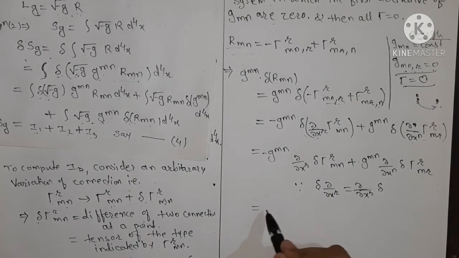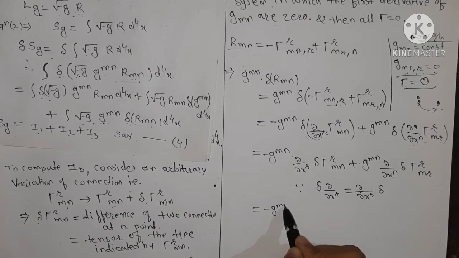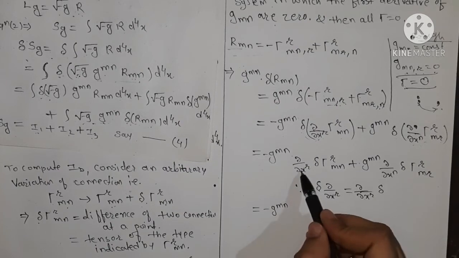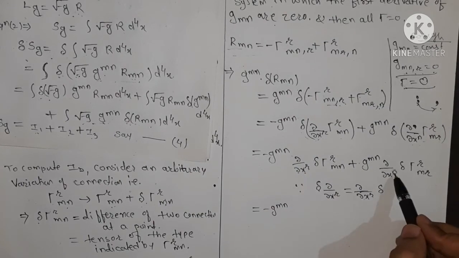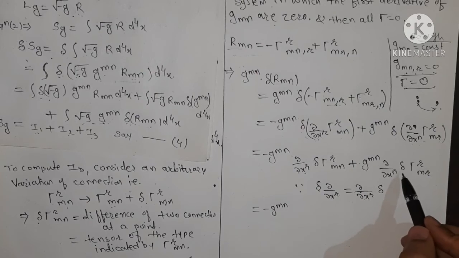So which is equal to minus g^{mn}. Now here we require to take the common ∂/∂x^r, so we require this n to be equal to r. So we change n to r in the second term.